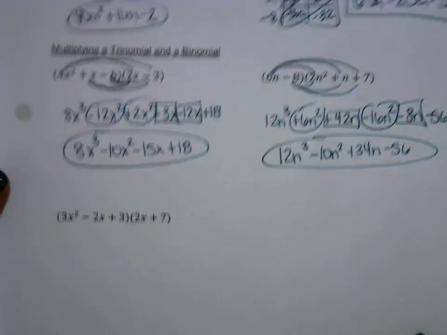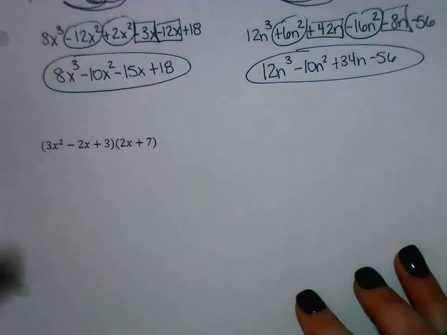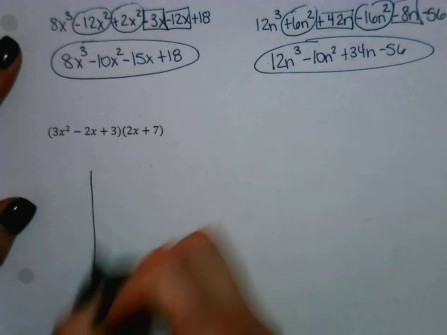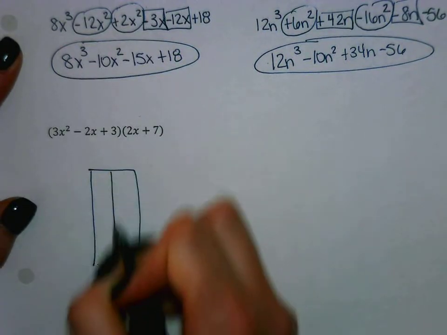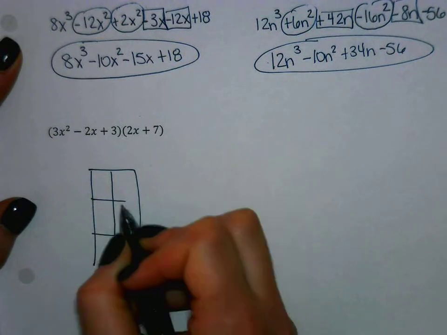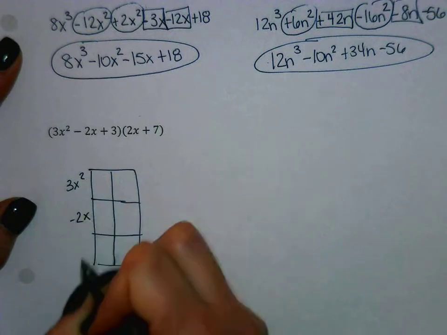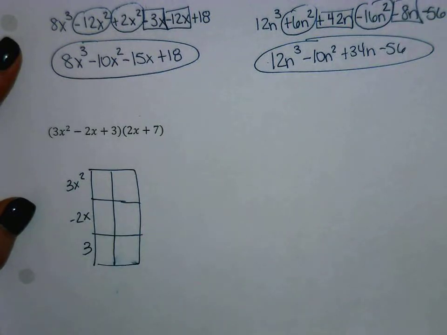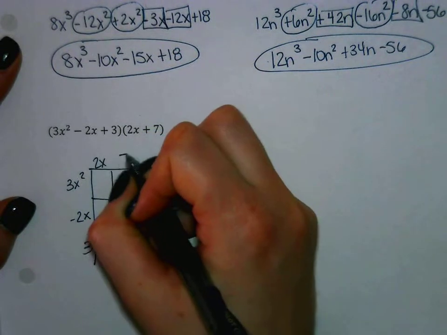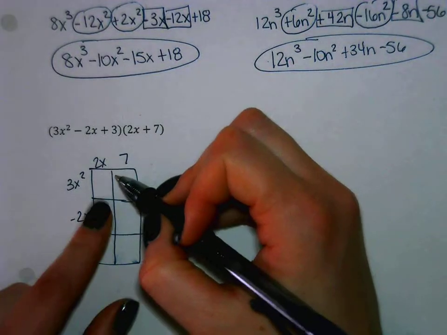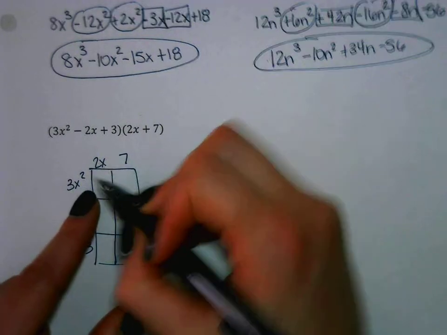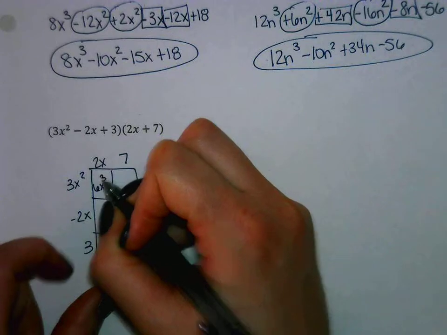So I'm going to show you on this last example how to use the box method. So we have 3x squared, negative 2x, and a positive 3. And we have 2x and a positive 7. So when you get this first box, 3x squared times 2x is 6x cubed.